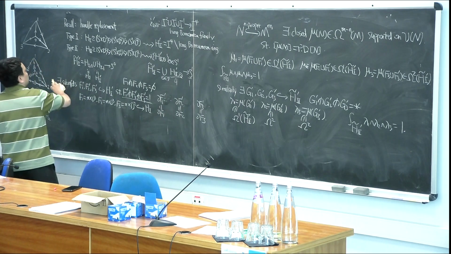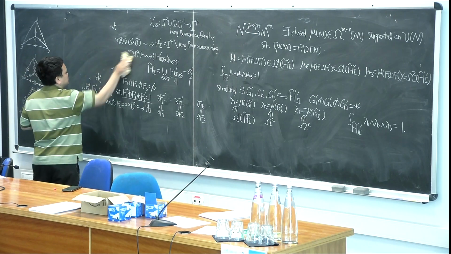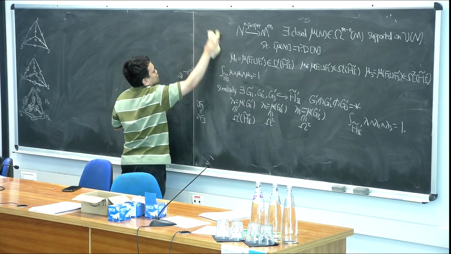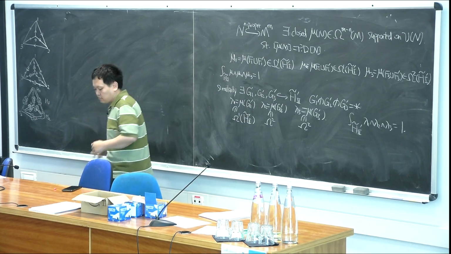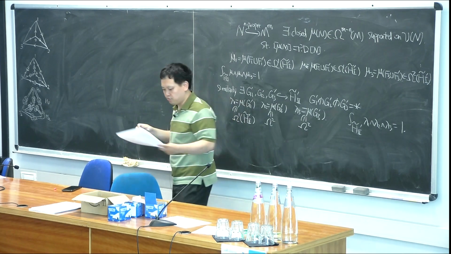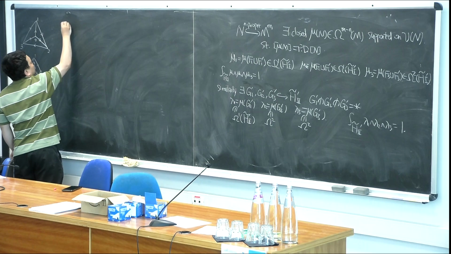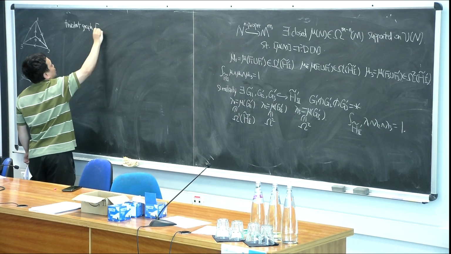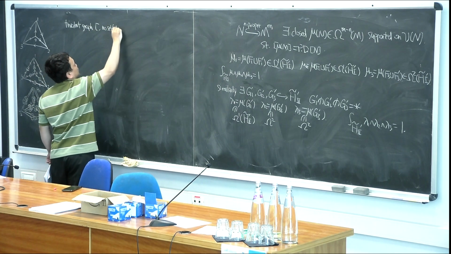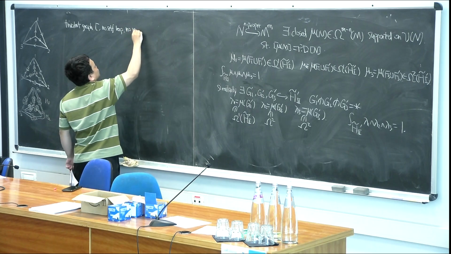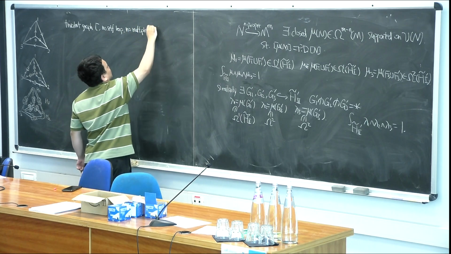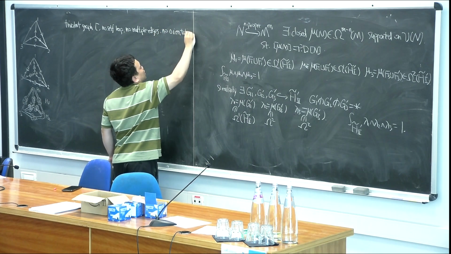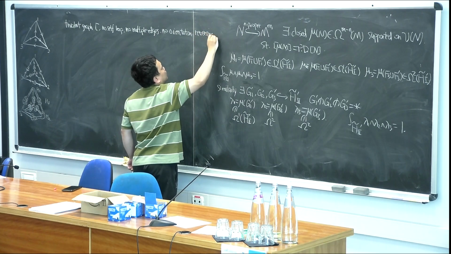Okay, let me erase this. To make our life easier, we are going to focus on trivalent graphs gamma, which have no self-loop, no multiple edges, and no orientation reversing isomorphisms.